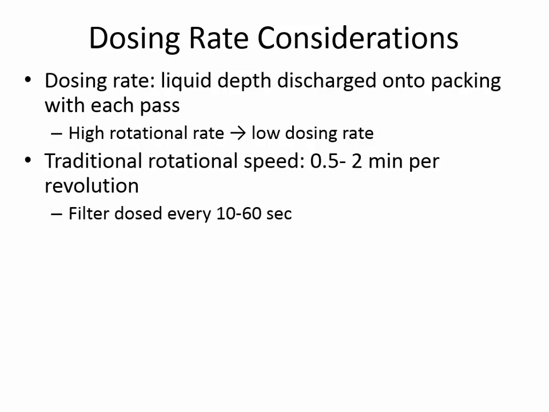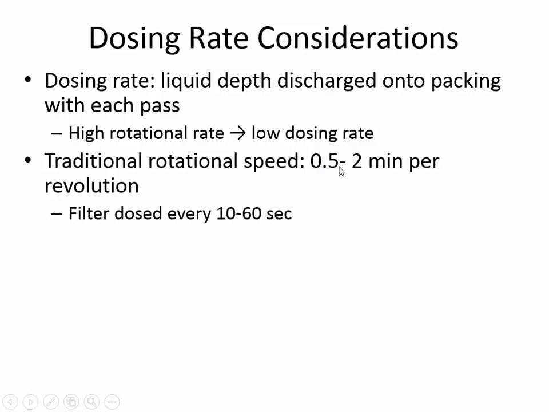Okay, we talked already about hydraulic loading rate, and part of how they decide how much to recirculate is looking at how quickly they need that arm to come through so that the rock media is kept wet. Traditionally, you want to have a revolution every 30 seconds to 2 minutes.